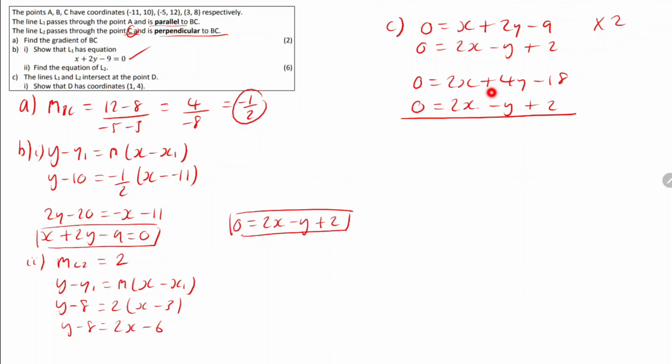We've got the x coefficients the same, so we can subtract. 2x take away 2x, they'll cancel. 4y minus 1y becomes 4y plus 1y. So that gives us 5y. And minus 18 plus 2 gives us an answer of minus 16.